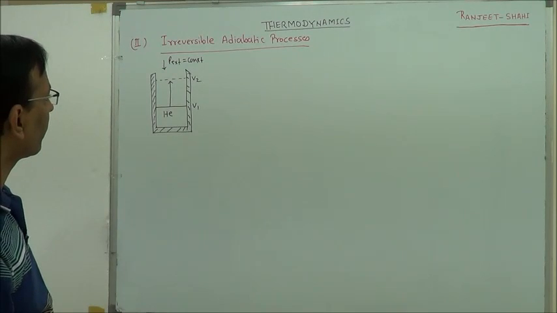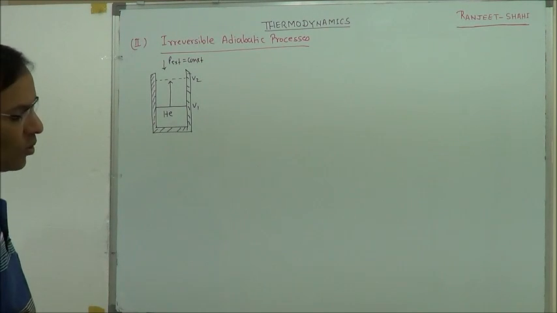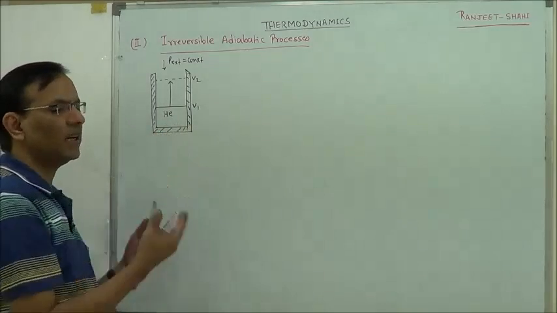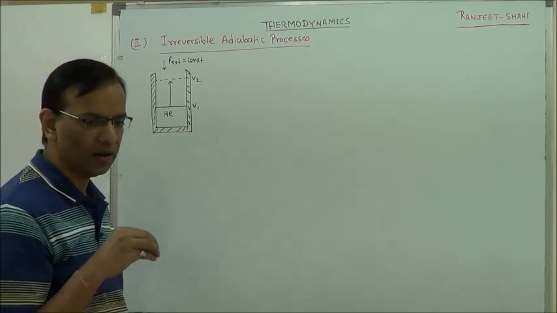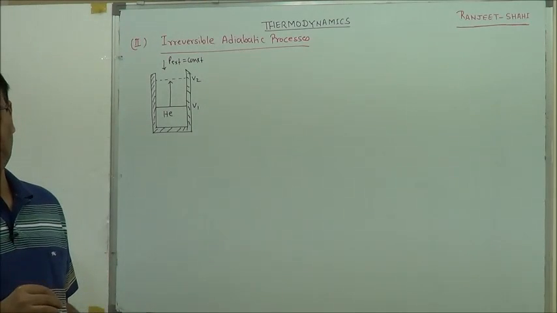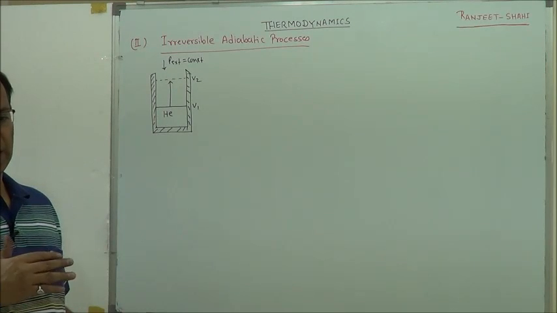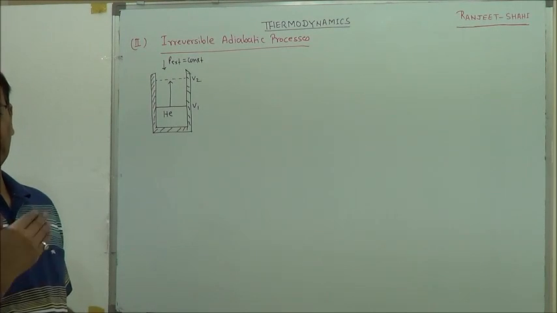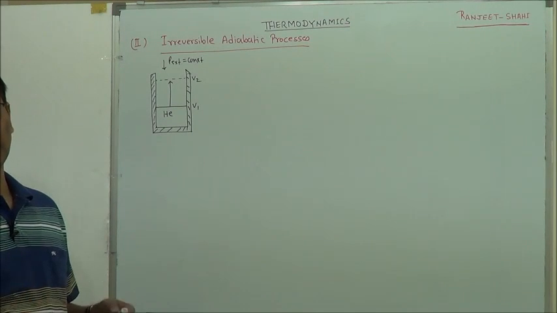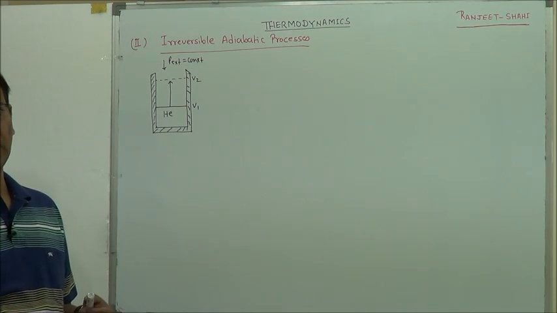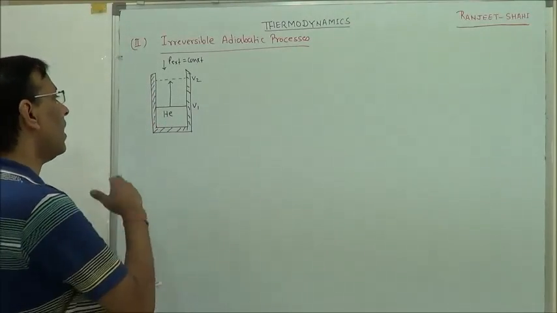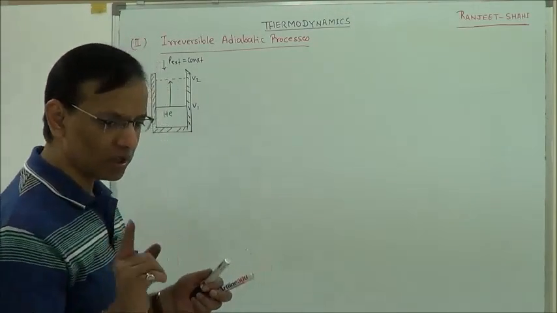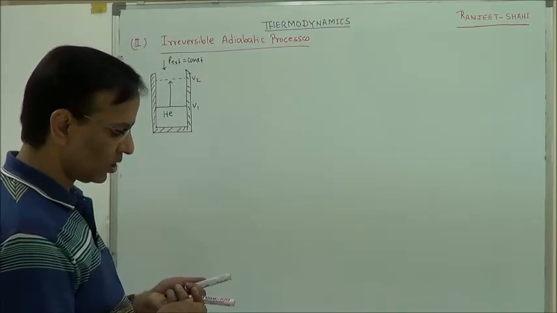It is possible. Suppose we have helium gas here at 10 atmosphere. We suddenly release the outside mass on the piston, so that the gas pushes back the atmosphere, the 1 atmosphere, till the gas pressure decreases to 1 atmosphere. So it will be an irreversible adiabatic process. In this irreversible adiabatic process, it's a one-step process. Infinitesimal step is not involved.